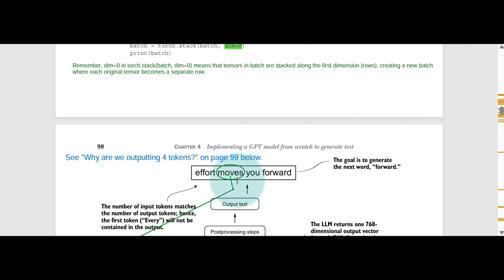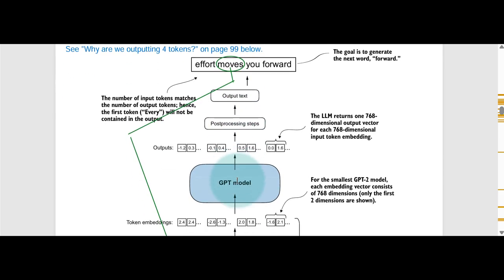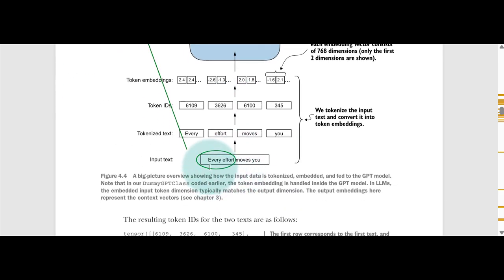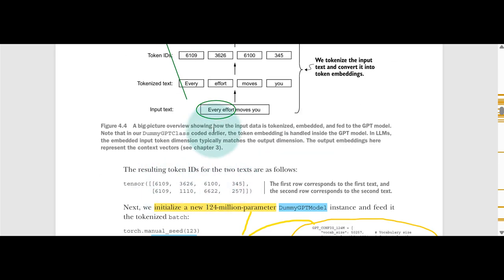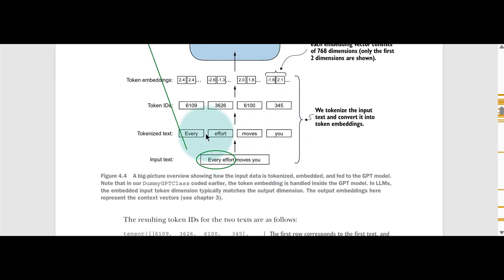Okay, so let's look at this picture here. We start out with an input text. We said we have 2, but we're just going to put in 1 at first. We tokenize it, split it up like this, and get the IDs, and then we turn them into embeddings.